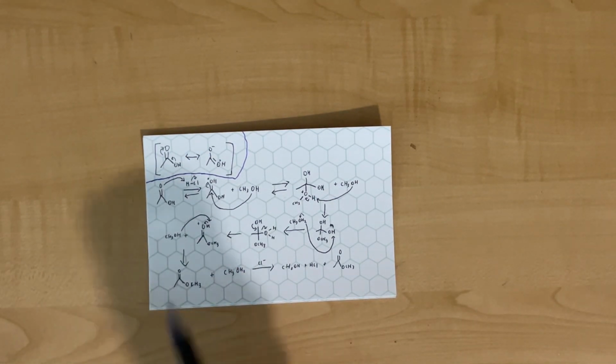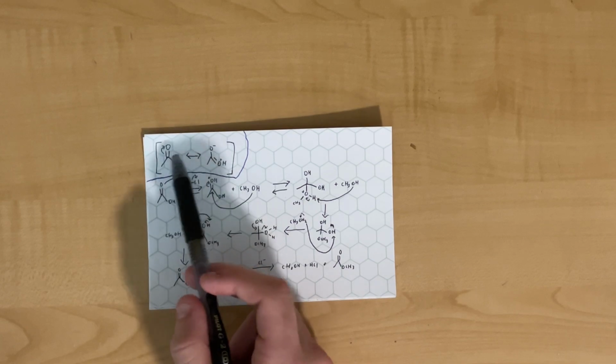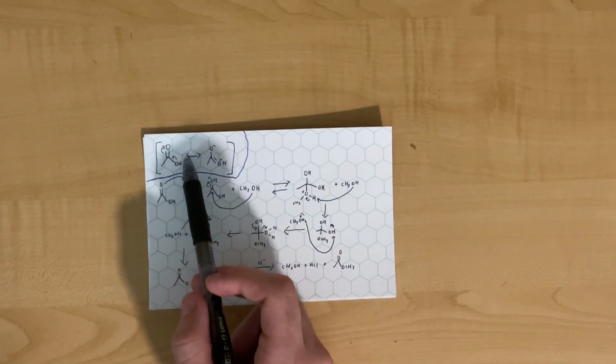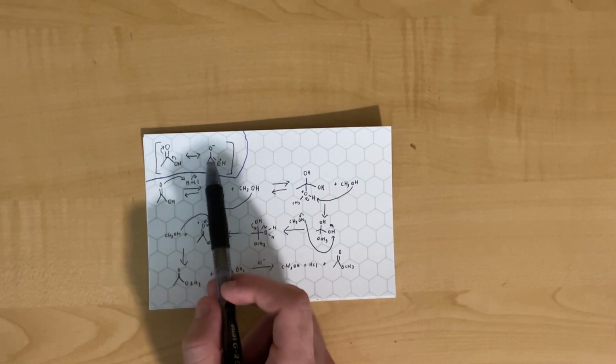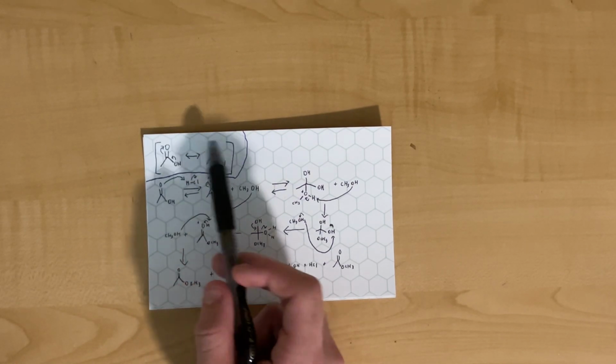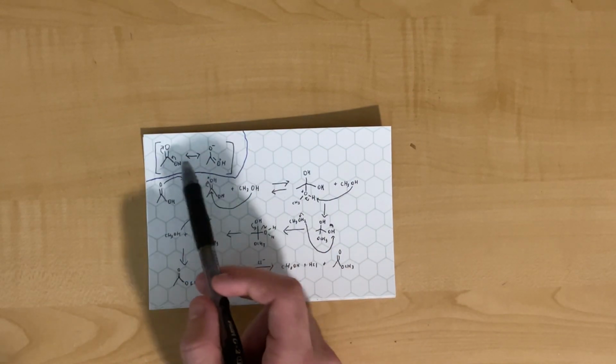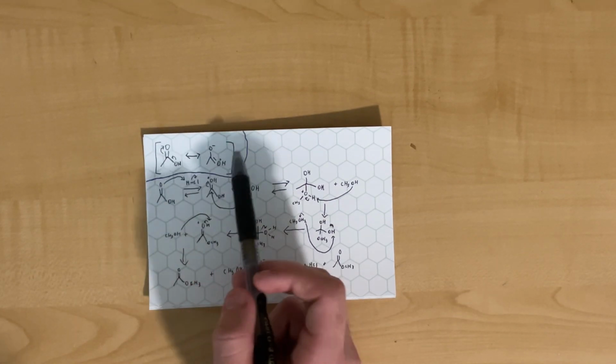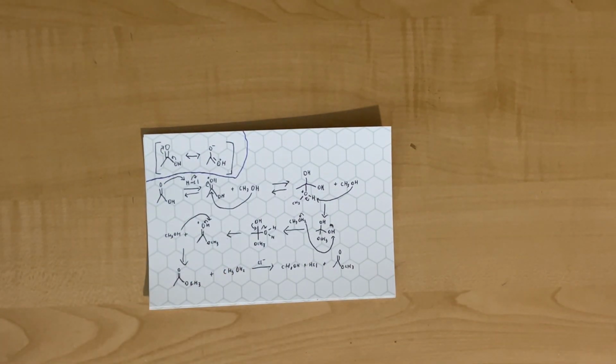The reason is that if you draw the resonance structure of the carboxylic acid, this is one and this is the other. It happens by moving the pi bond to the oxygen to create a formal negative charge, and making a pi bond here, creating a formal positive charge on that oxygen because it has three connections.